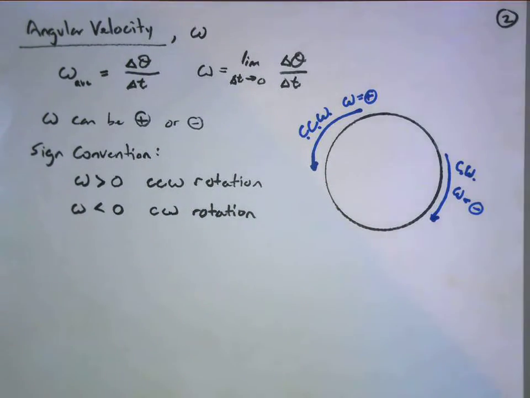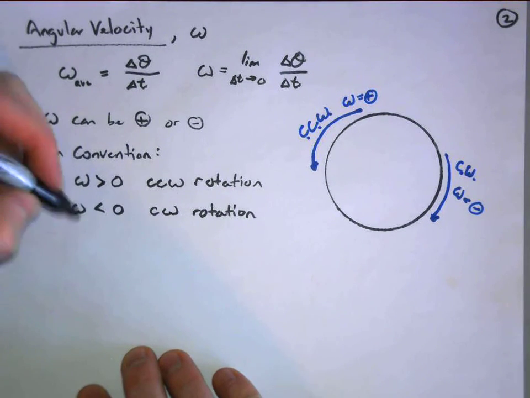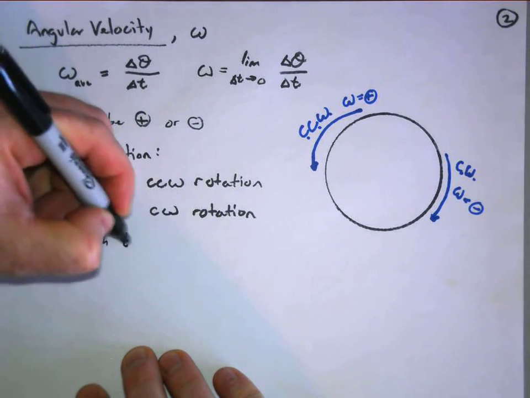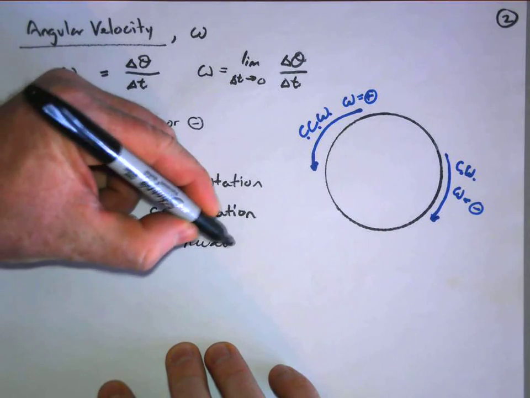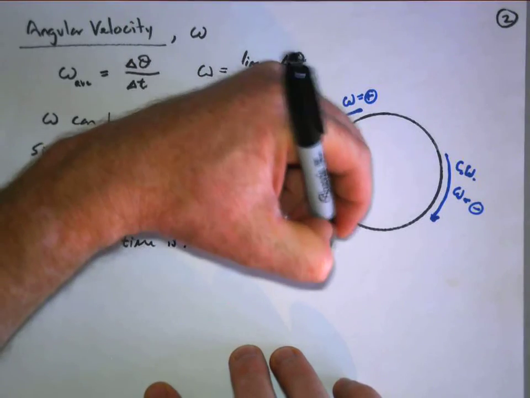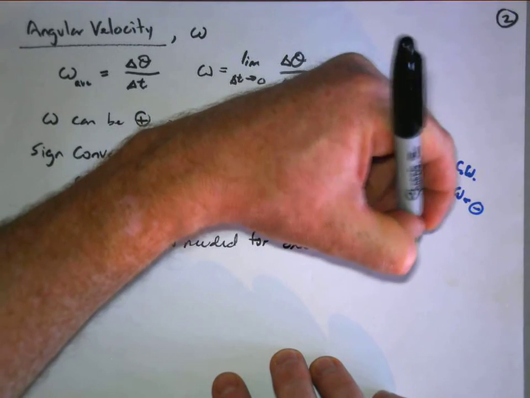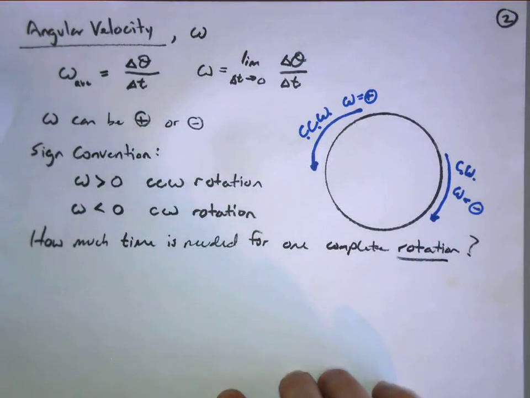Now, what I want to look at, though, is how much time would be needed to complete one revolution. So at a certain angular velocity, how much time is needed for one complete rotation?